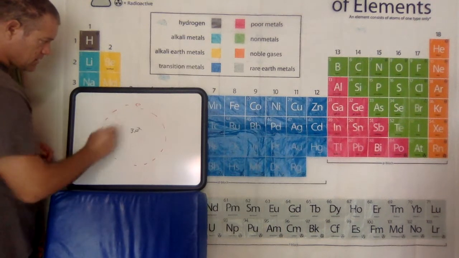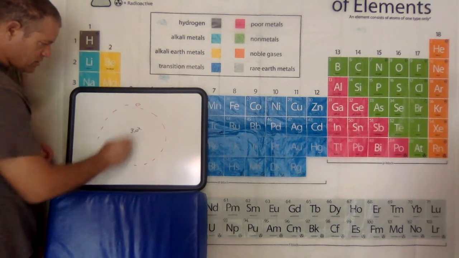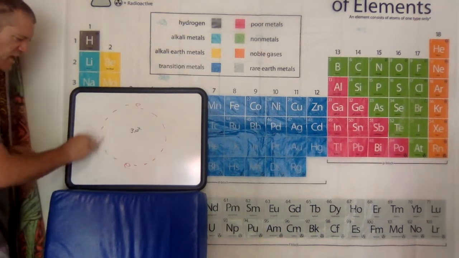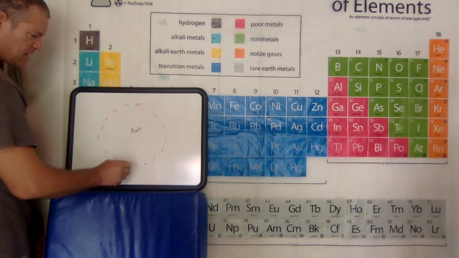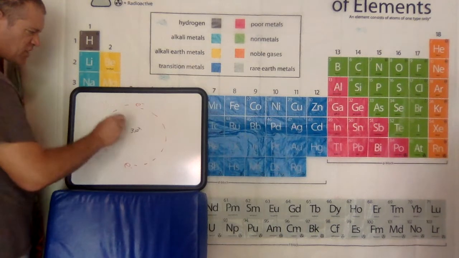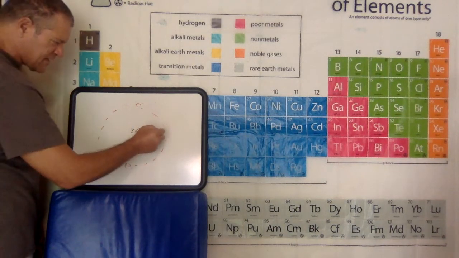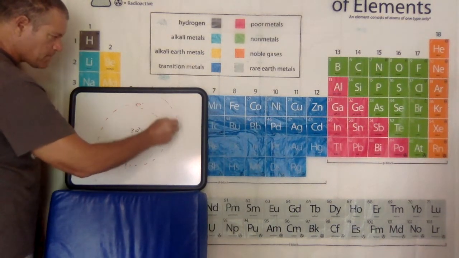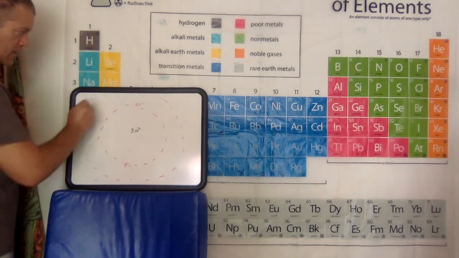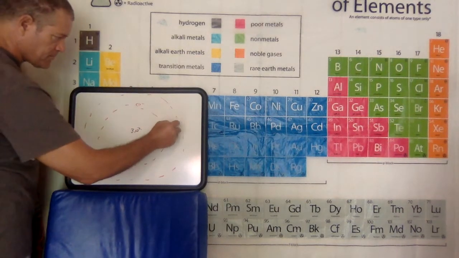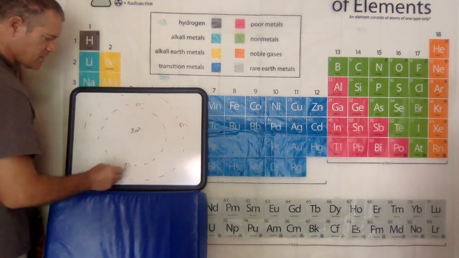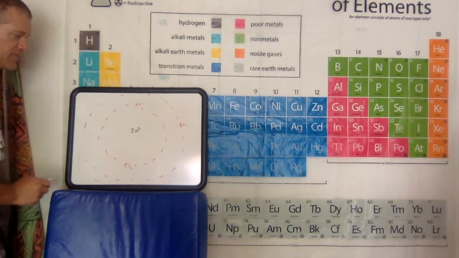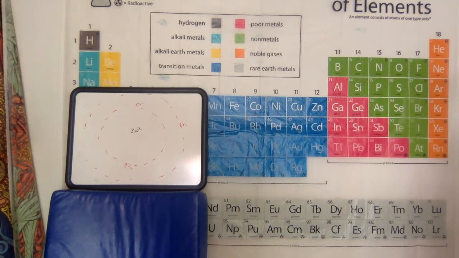Actually, I should have done that smaller. 1 here, so my second electron. But the first shell is kind of small and tight, and these negative things are whizzing around so fast, bumping into each other, it's hard for another electron to get there. So it tends to go to a second shell, and there'll be an electron there. So there's an electron, there's an electron, and there's an electron. That is basically what a lithium looks like.